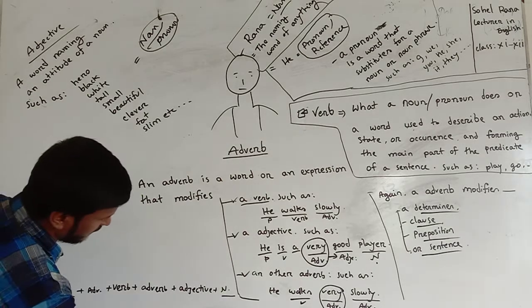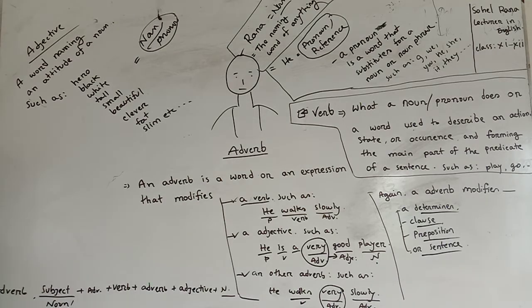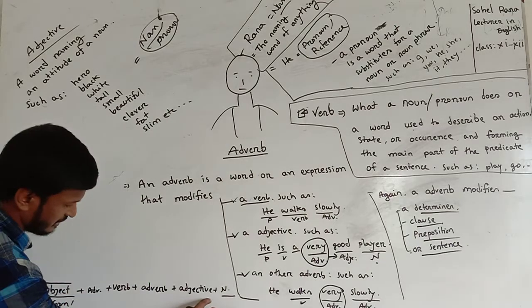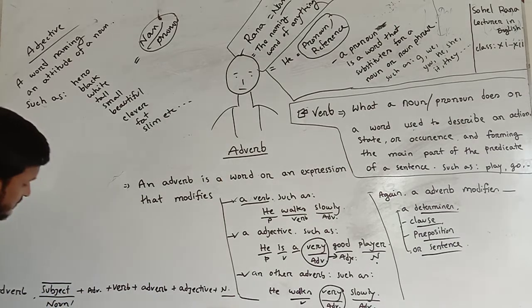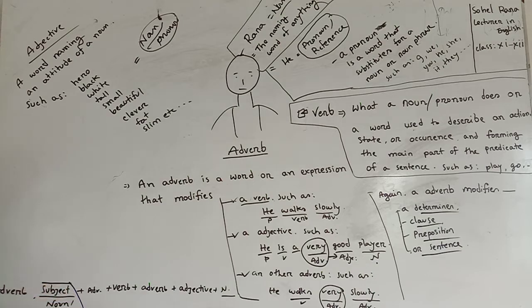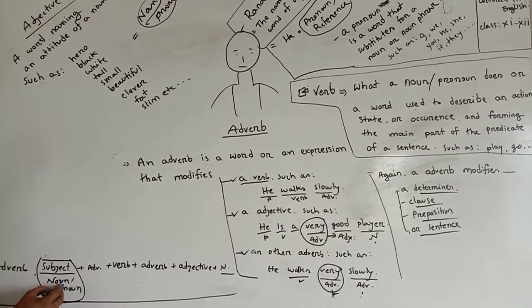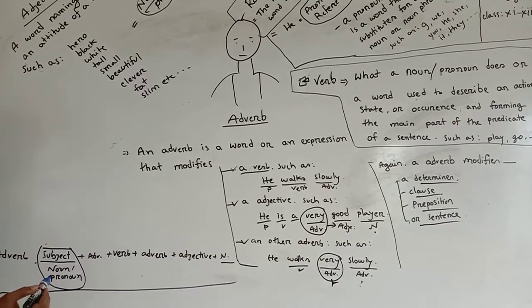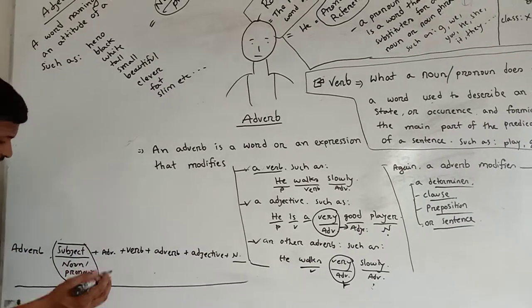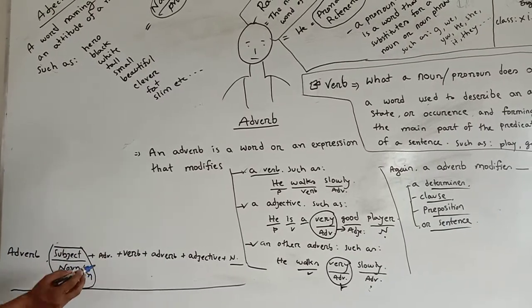That's why I have written here a simple sentence pattern. In a sentence naturally there is a subject and there is a predicate. These are the two parts of the sentence. The part of speech that will be the subject has to be a noun or pronoun.